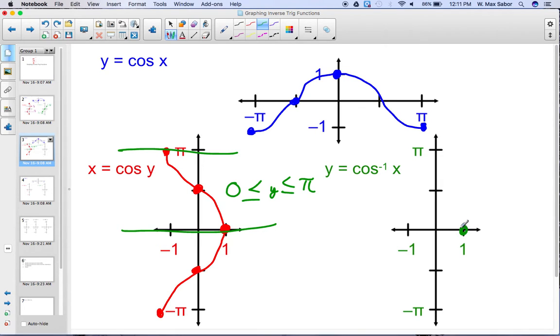So starting there, going backwards to negative 1 comma pi, and this is 1 comma 0. This is 0 comma pi over 2.